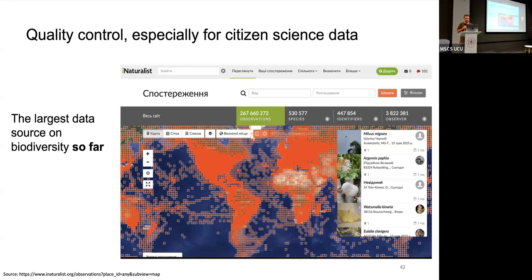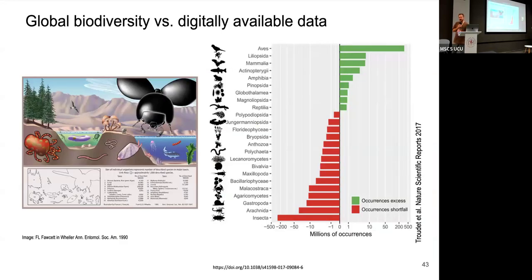I have not so much time to describe all the quality controls, but in short, it's not so good with quality control in the biodiversity information realm, because of the reasons we described: a huge amount of data and problems with data unification.